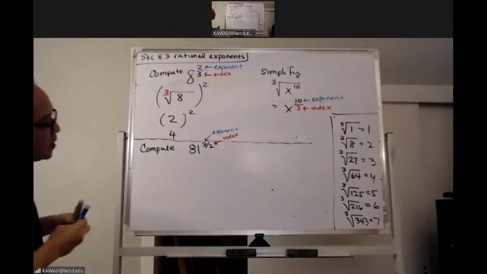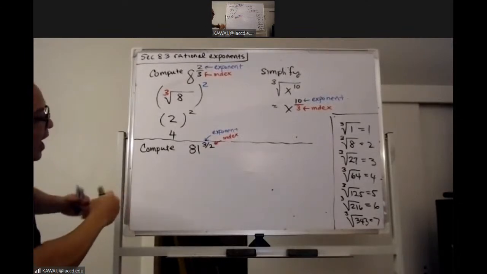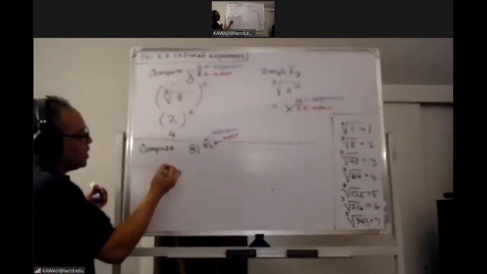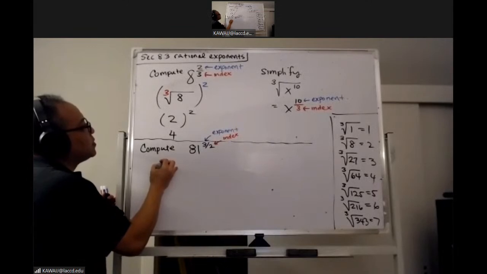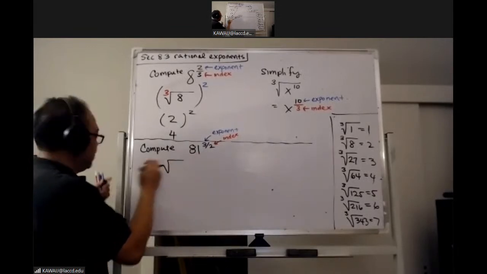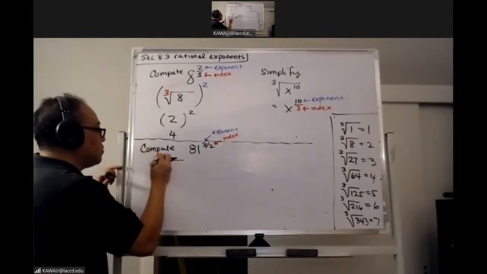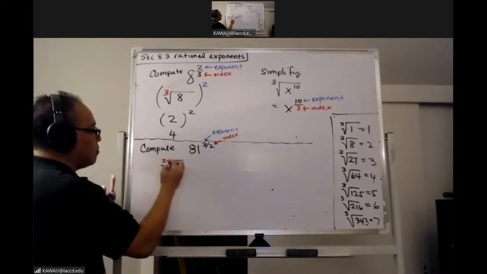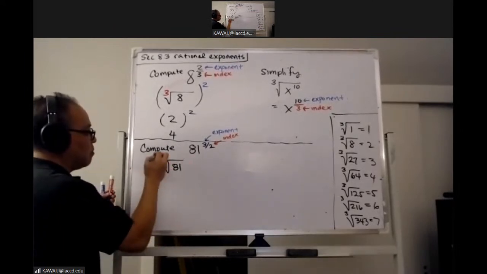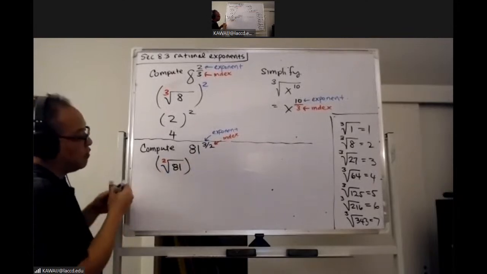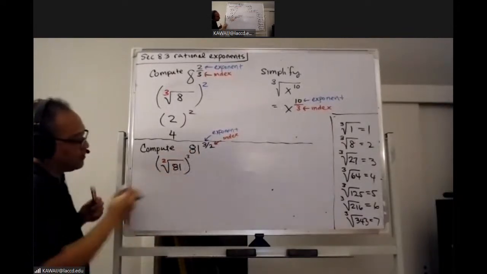Okay, so I'm gonna show you why outside is always better. Okay, because both ways actually work. So my index is 2, and then you have 3 like that.